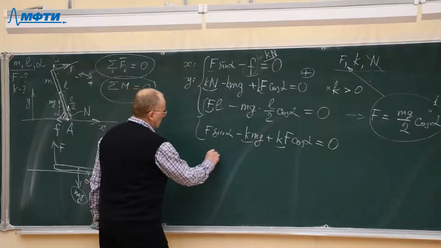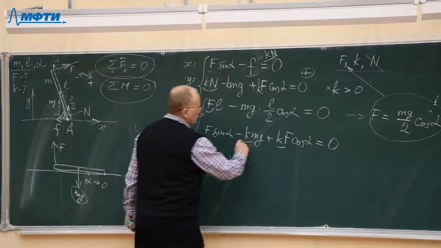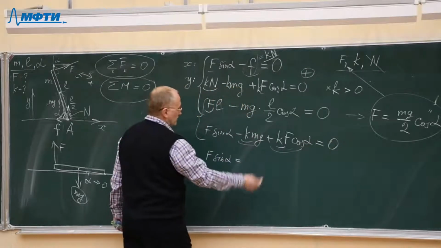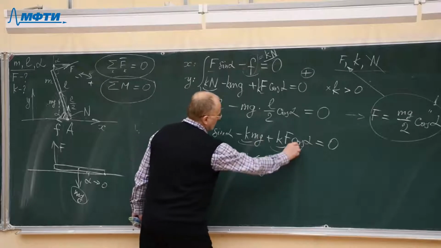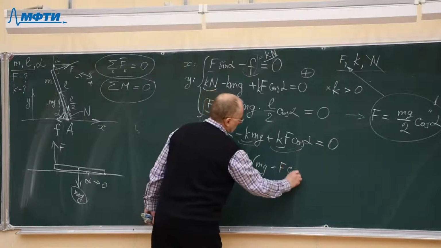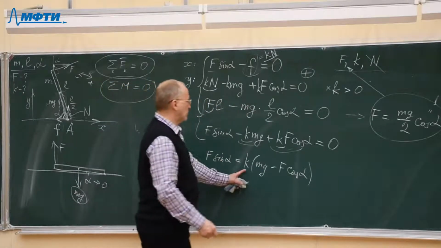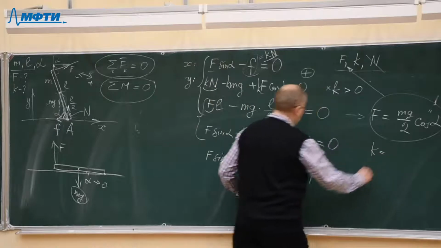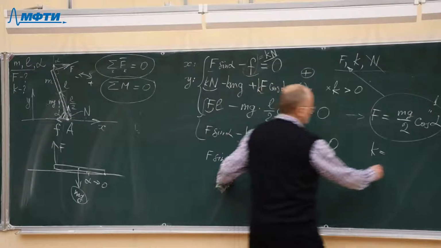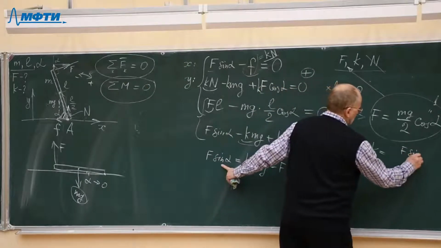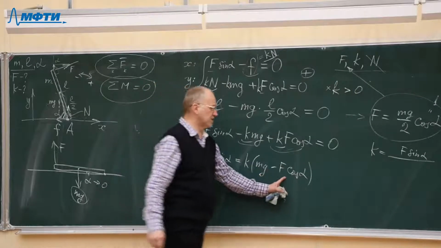So I can write this equation in such a way that these two terms will go to the right-hand side of this equation, and that will give me k mg minus F cosine alpha. And now I can immediately obtain the coefficient of friction k from here. That will be F sine alpha divided by mg minus F cosine alpha.